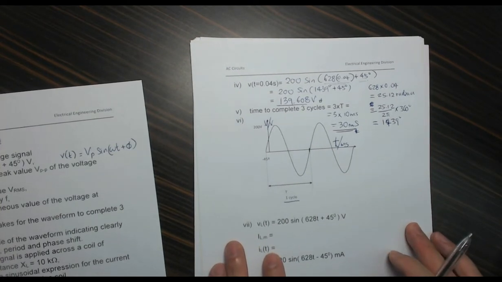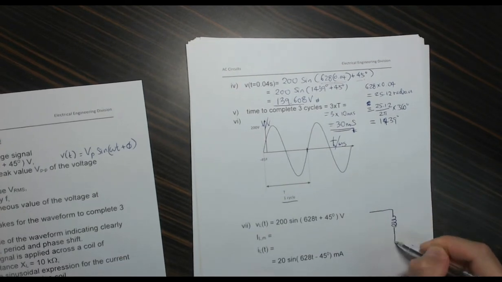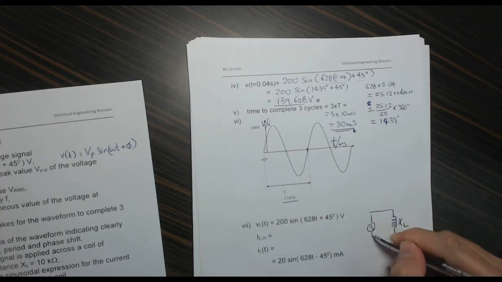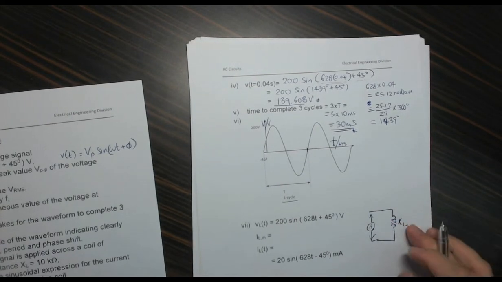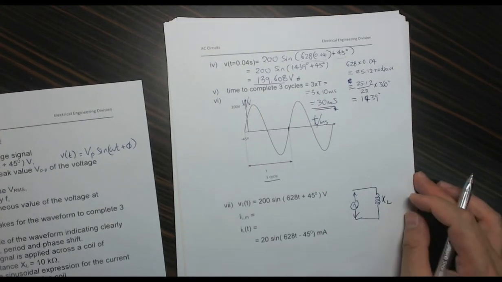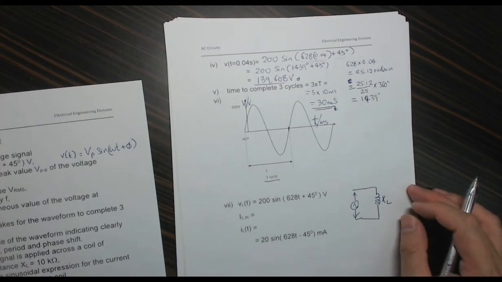And the last part of the question is that if this signal is applied to a coil, a coil inductor XL, and we apply this signal. Now effectively, what does a coil inductor do is that it adds in another 90 degrees to the whole cycle for the current.